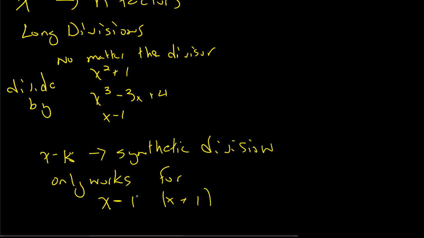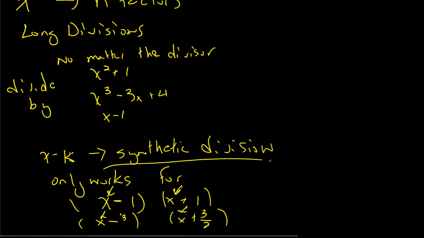Only works for things like x minus 3, x plus 3 halves, right? These will all work because x is to the first power. And we're going to do synthetic division next time.